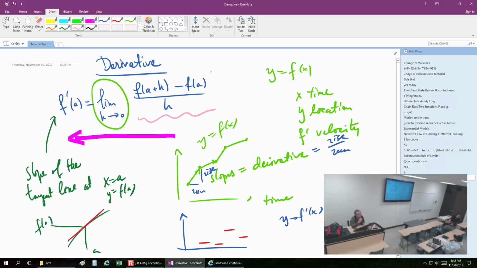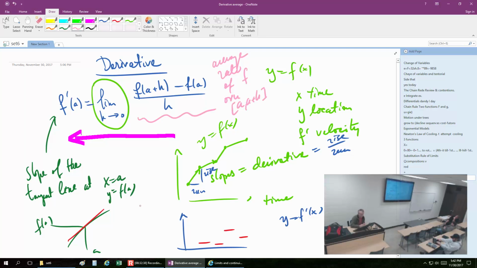What is this fraction? It is a rate of change. If you want to be careful, you'd say it is the average rate of change, and then you point out over what interval. So average rate of change, rather than instantaneous rate of change, which is what the derivative is, of f over the interval from a to a plus h.